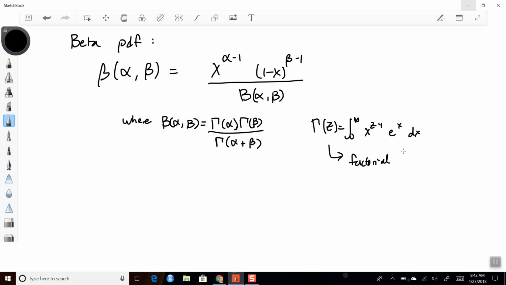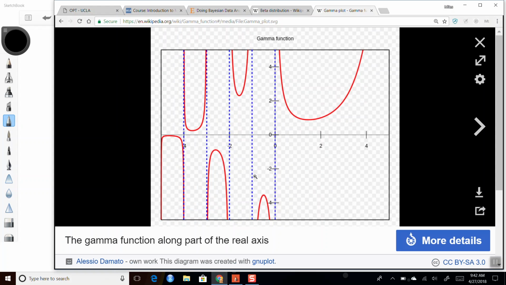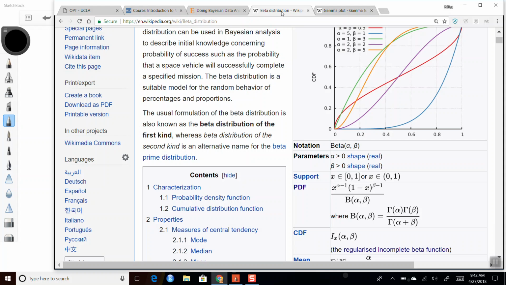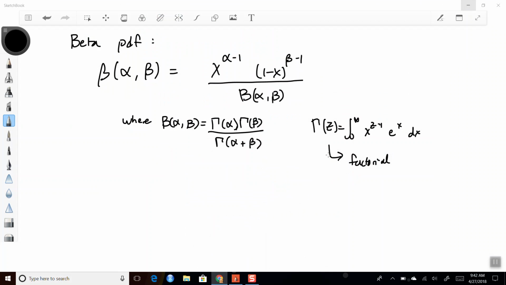So gamma 3 would be the equivalent of 2 factorial. Okay, so anyway, that's all it is, okay? It's basically a continuous factorial function. But to get that mathematically to work out, because if I said, what is 3.5 factorial, you wouldn't know what to do, right?